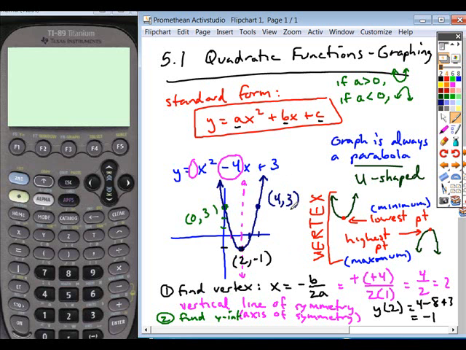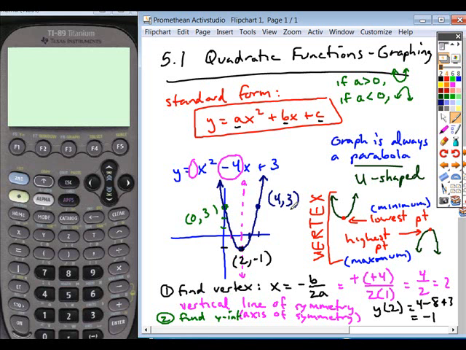Okay, and so just by finding the vertex and then labeling the y-intercept and mirroring that across, you get all 3 points and you're able to sketch your graph pretty quickly. Okay.